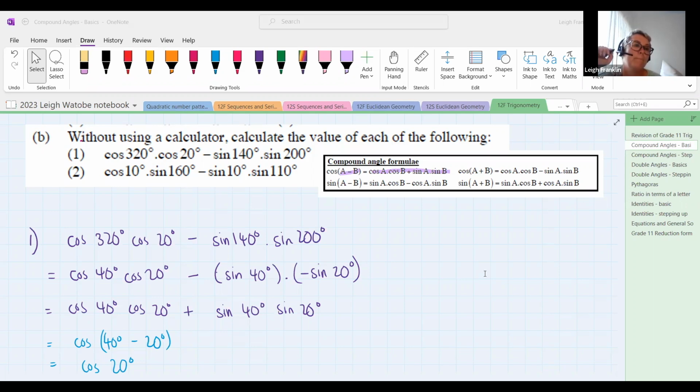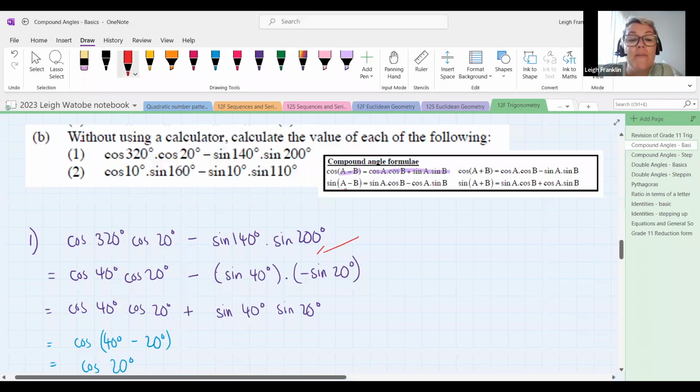Yes, ma'am, I'm asking because I would find it a bit confusing with the negative sine 20 and then having to change the signs again to positive. Absolutely. If you want to include an extra line of working here, that's not a problem at all. So you could say cos 320, which would be 360 minus 40.